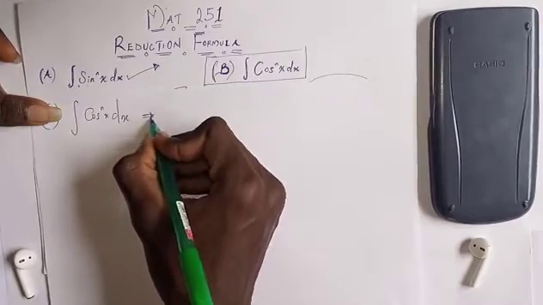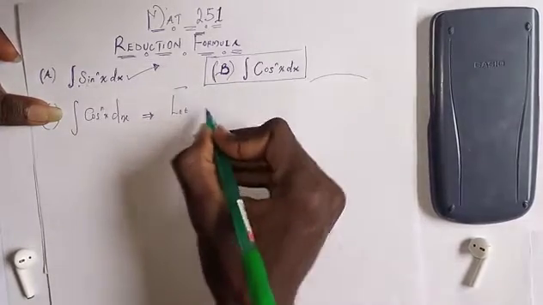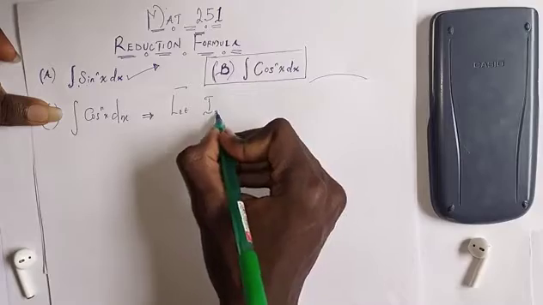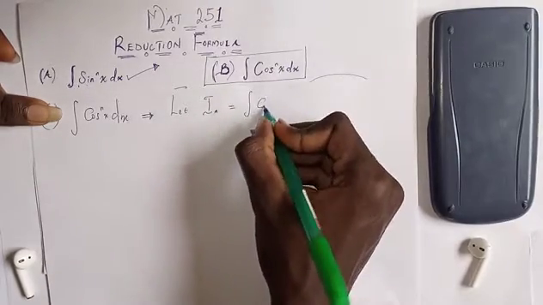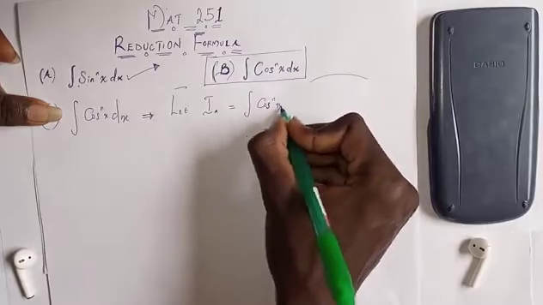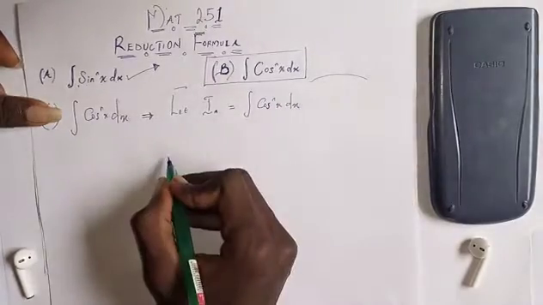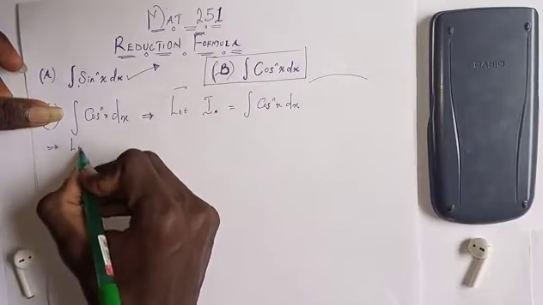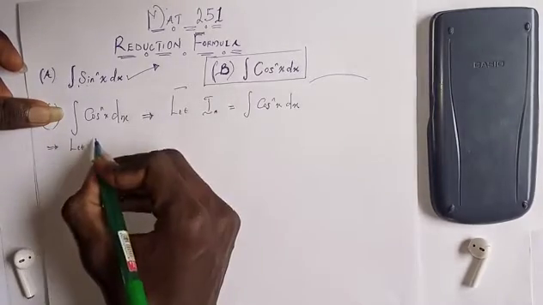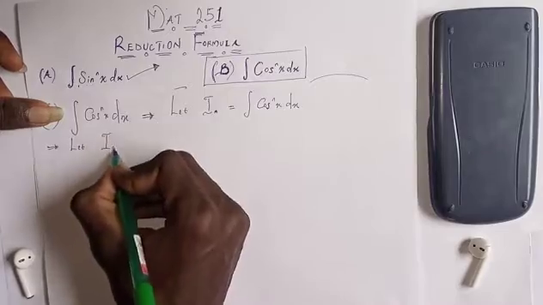If you remember, the first thing I said was let I_n represent the question given to you, which is the integral of cos^n x dx, and at the same time I asked you to manipulate it.